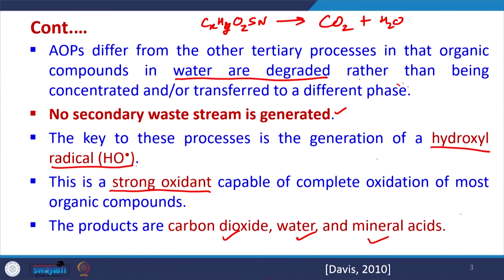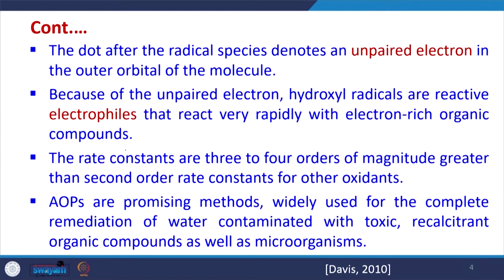So, this is the key thing. Now, one of the key strong oxidants which is generated is the hydroxyl radical. Okay, so, this radical has a dot here. The dot actually symbolizes the unpaired electron.